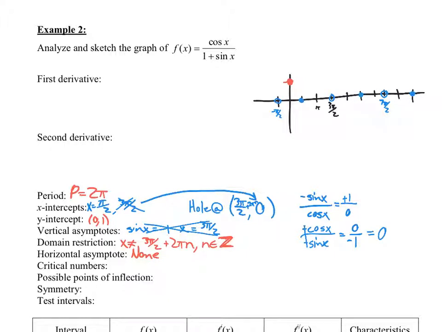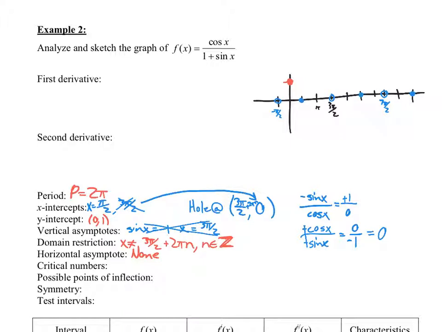Like if it was cosine of x squared, you wouldn't really talk about the period because you can't just look at it and tell. Same thing with symmetry. I don't know if there's any symmetry there or not without further analysis. So we wouldn't necessarily look at that.